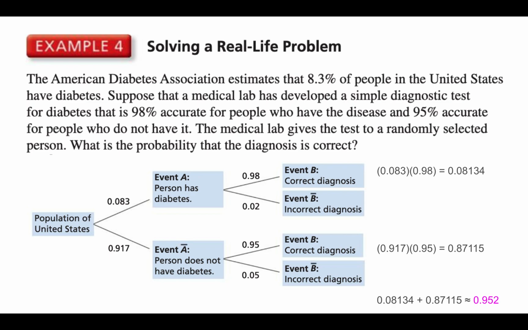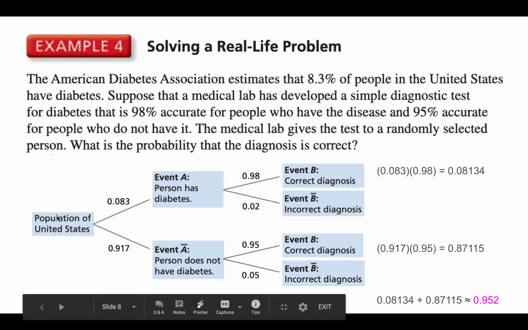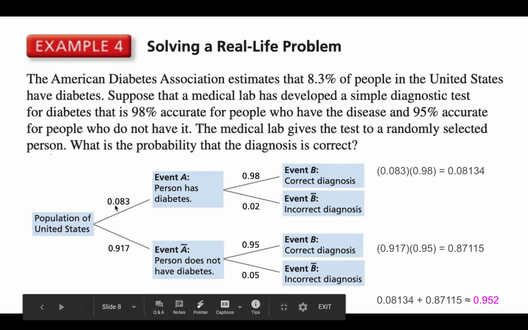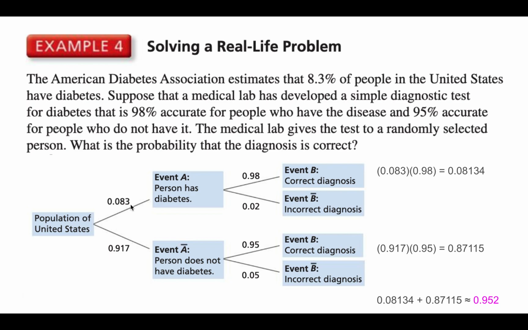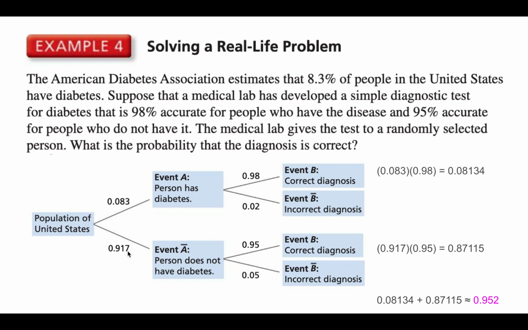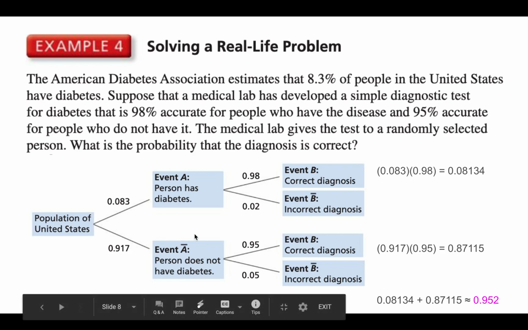So we pick someone from our population, and not thinking about the test yet, if we pick a person, there's a probability of 0.083, in other words 8.3%, that they have diabetes, and then there's a 91.7% probability, or 0.917, that they do not have diabetes.